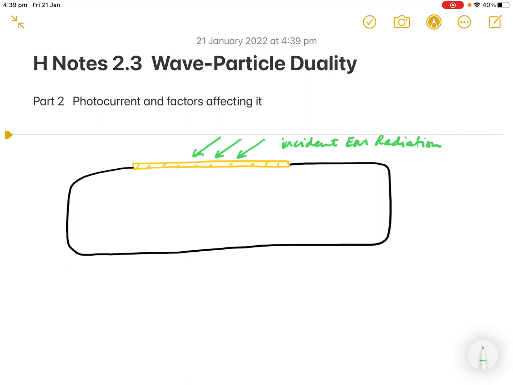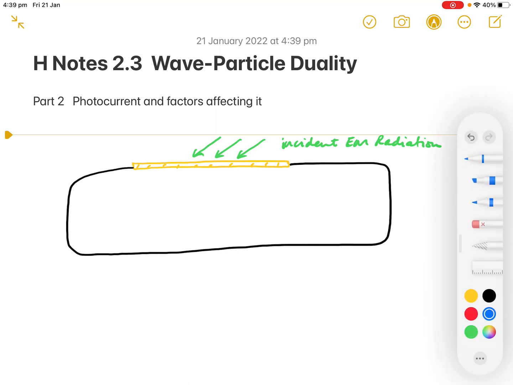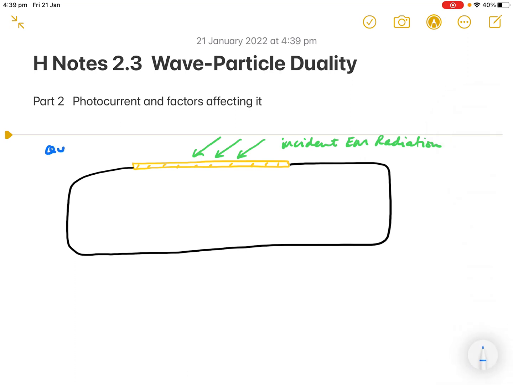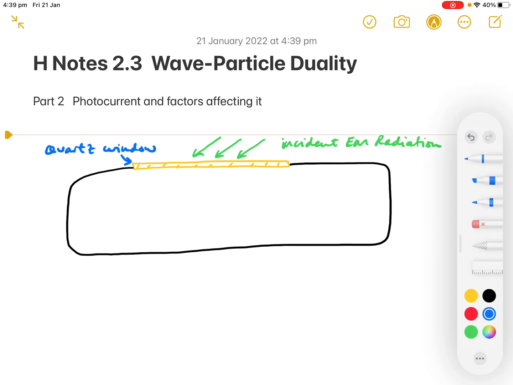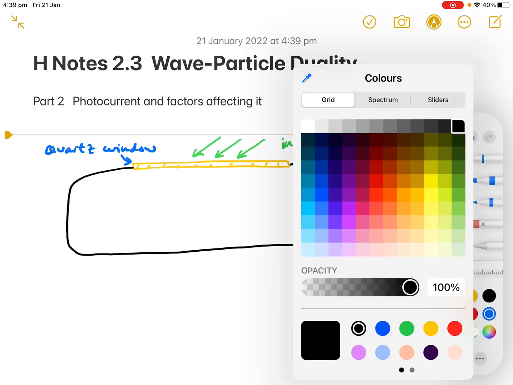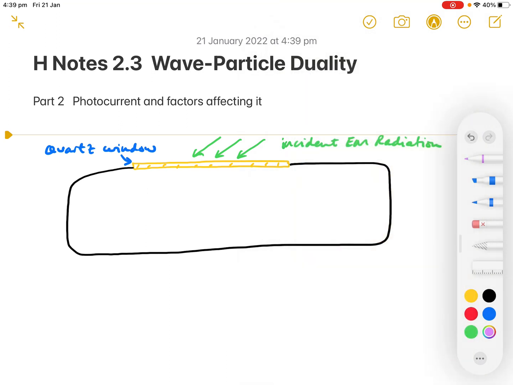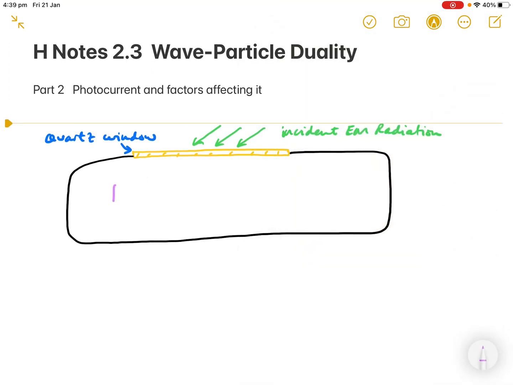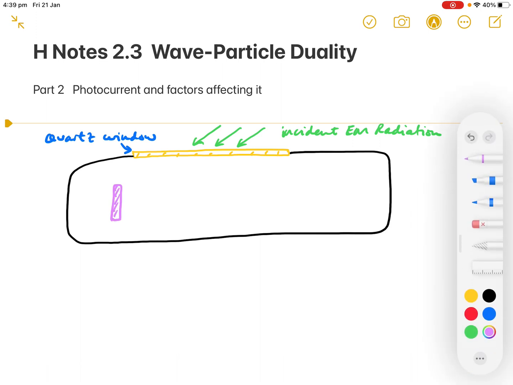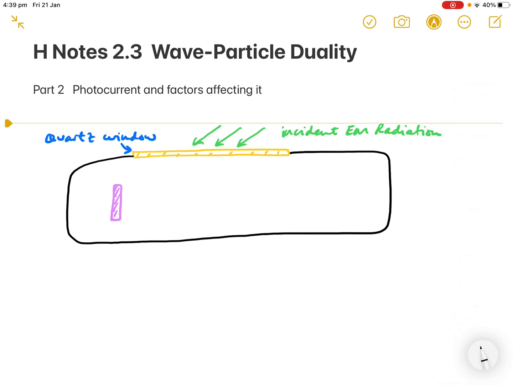And this, of course, is the quartz window. Now inside here we have, let's make it a zinc cathode, like the one you have seen in the lab with ultraviolet light.